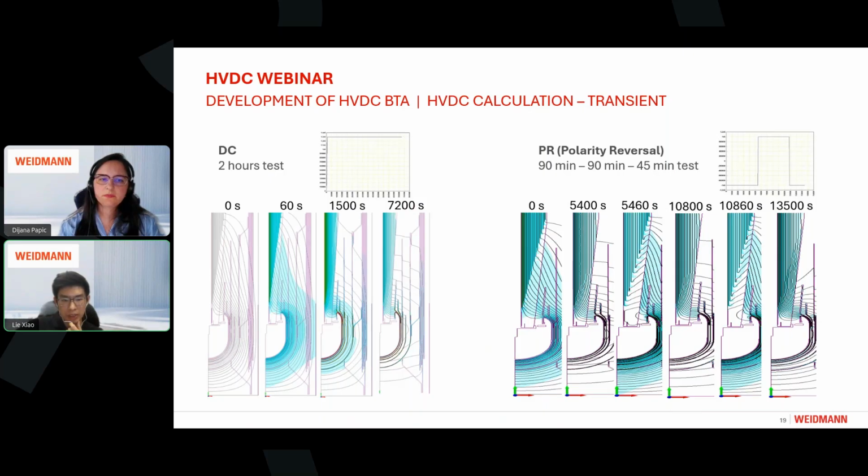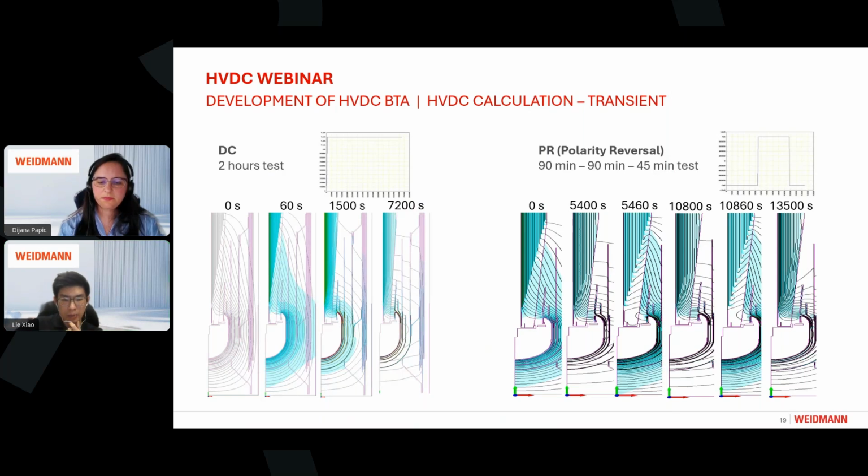For the DC test, you can see that at the very beginning, because of the capacitive behavior of the system, it looks like AC, but gradually after 2 hours it is assumed as DC. This depends on the conductivity of the components.